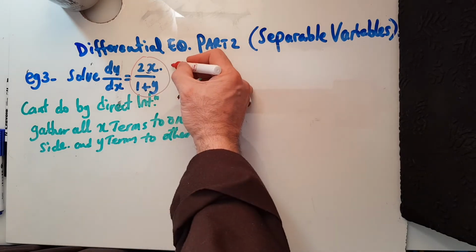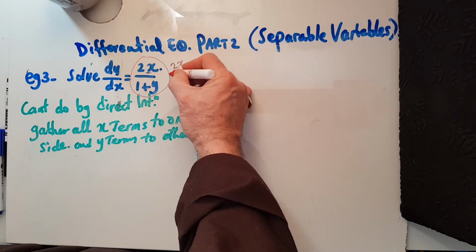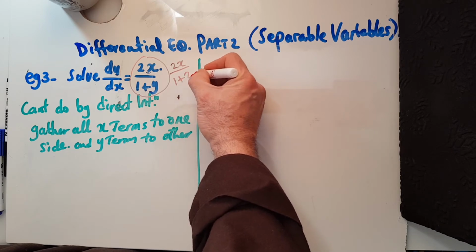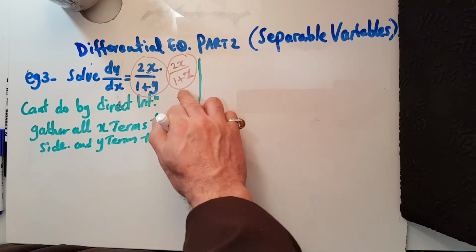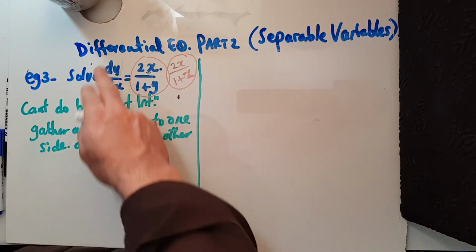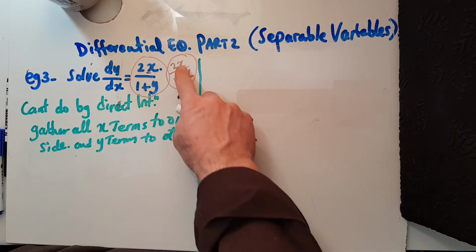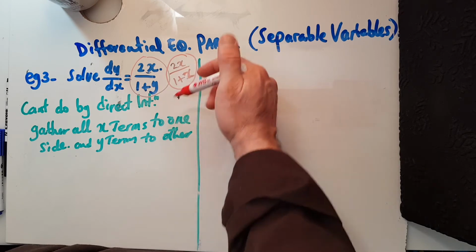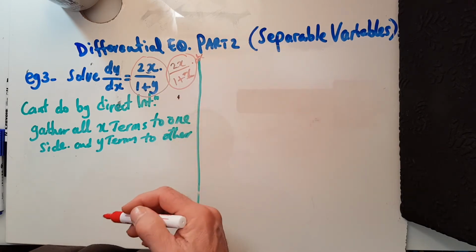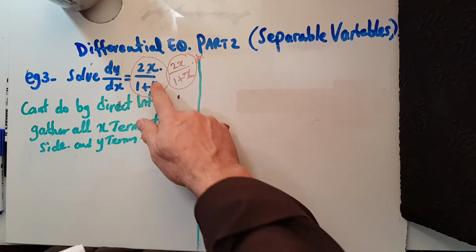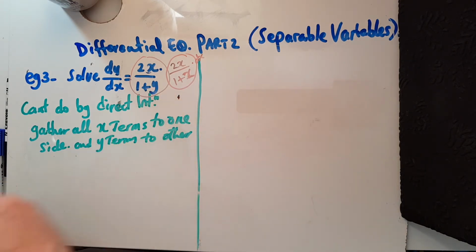If that was 2x over 1 plus x, you can do it by direct integration. You've got dy dx on one side, and on the other side 2x over 1 plus x dx. But as it is, you've got y on the right hand side and y on the left hand side.